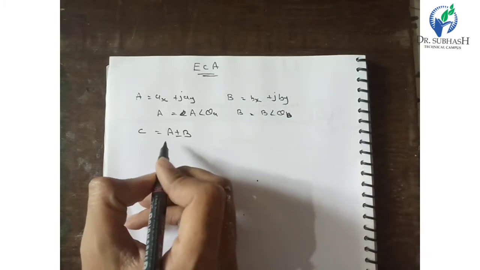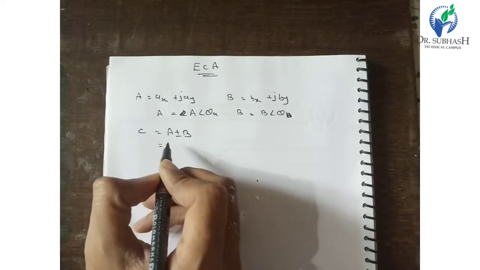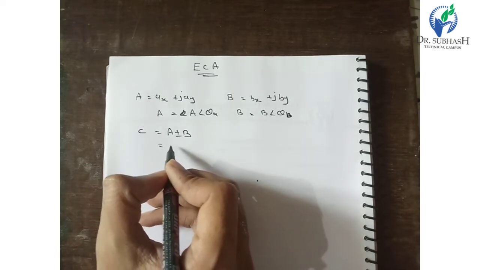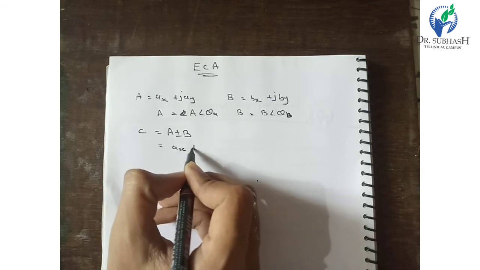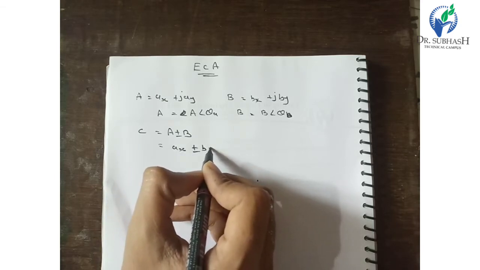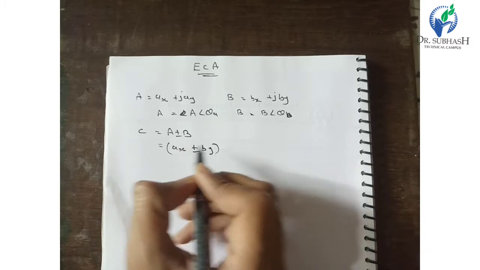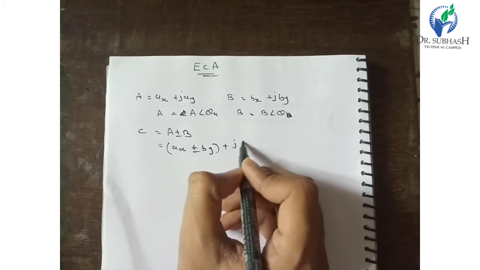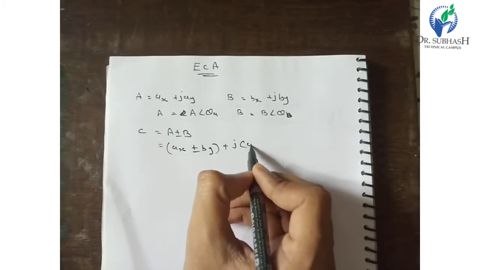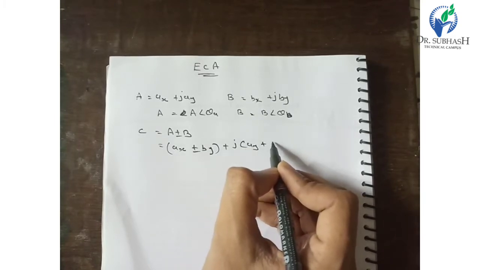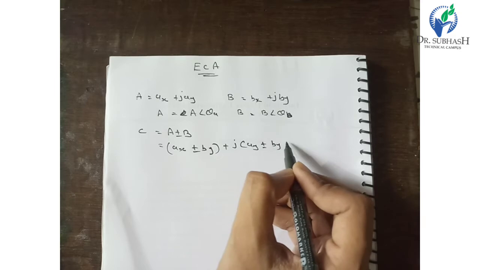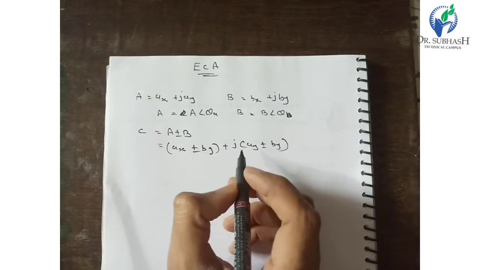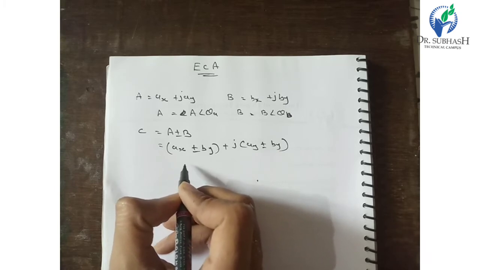So the output of the addition and subtraction rule is ax plus or minus bx for the real part, and ay plus or minus by for the imaginary part. There is a real part and an imaginary part in this system.